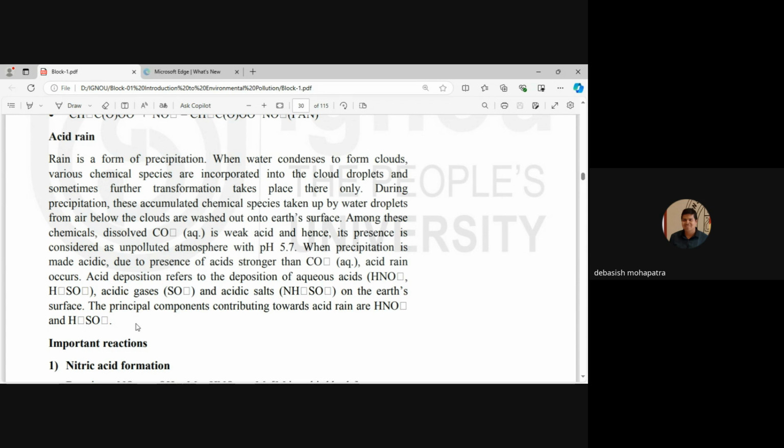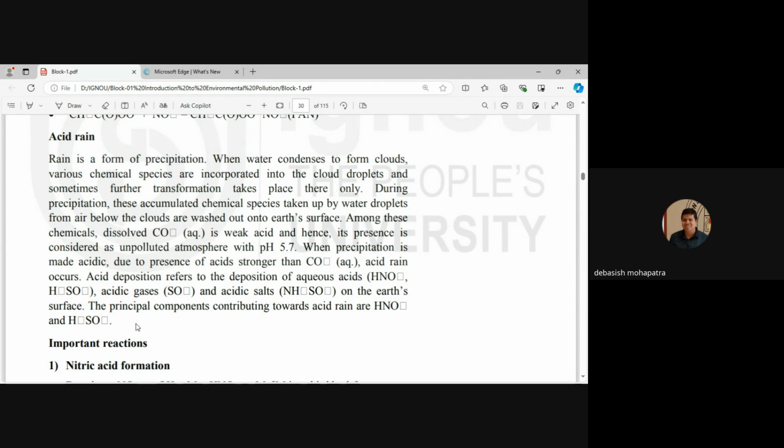Among these chemicals dissolved, carbon dioxide is a weak acid and hence its presence is considered as an unpolluted atmosphere, with pH 5.7. When precipitation is made acidic due to the presence of strong acids, acid rain occurs.